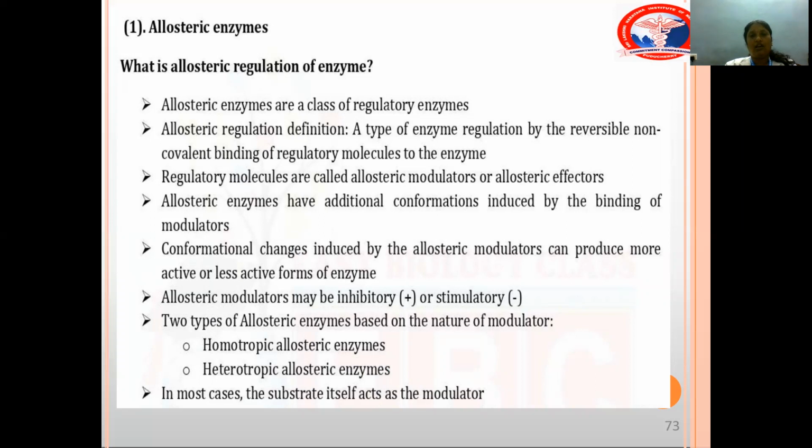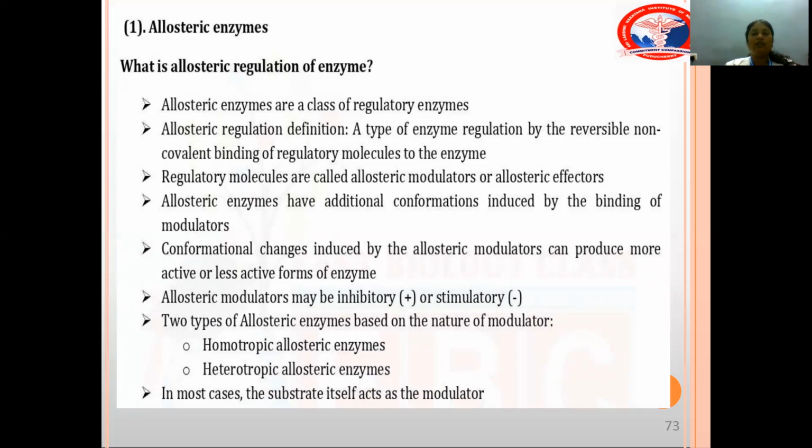Apart from the active site, we also have certain sites in the enzyme called allosteric sites. This allosteric site is where these regulatory molecules, the allosteric modulators or allosteric effectors, will come and bind and will change the conformation of the enzyme, thereby making the enzyme inactive, or not fit to perform the catalysis.